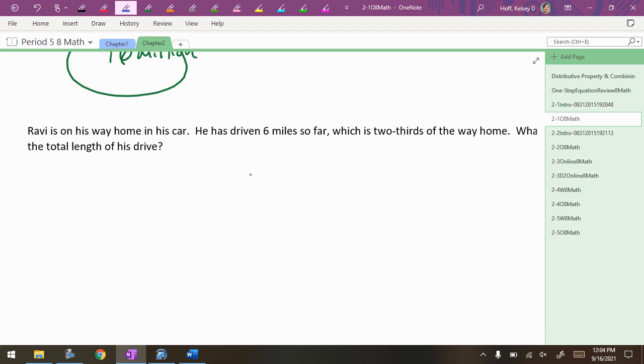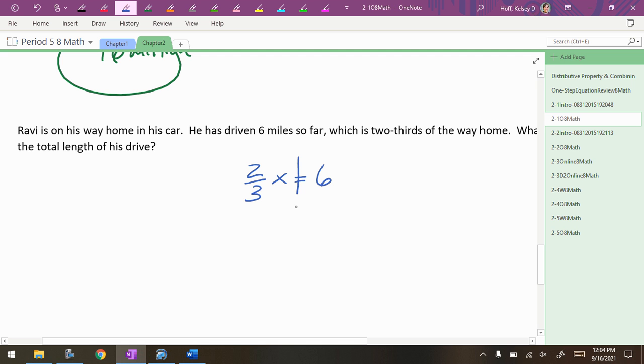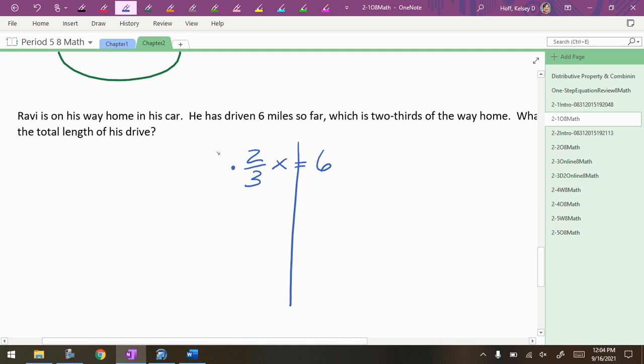Hudson, what you got? So I have 2/3 x equals 6. Pause one second. Agree or disagree? I'm good with that. 6 miles and 2/3 of the way home. How do I solve it? Okay, and then you divide. You divide by 2/3, it'd be times 3/2. Very good. They cancel each other out to get 1x.